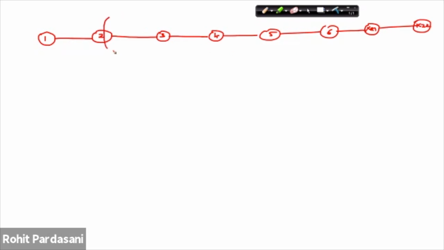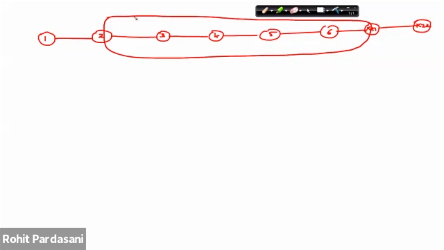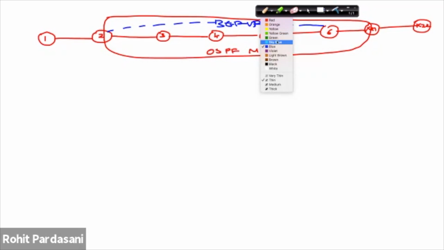So this was my ISP, which was running OSPF and MPLS. I should have a BGP VPNv4 neighborship. This would be BGP VPNv4. Customer may run whatever.